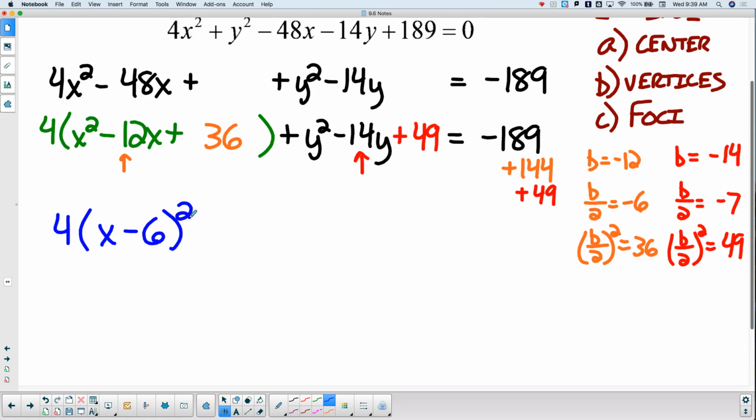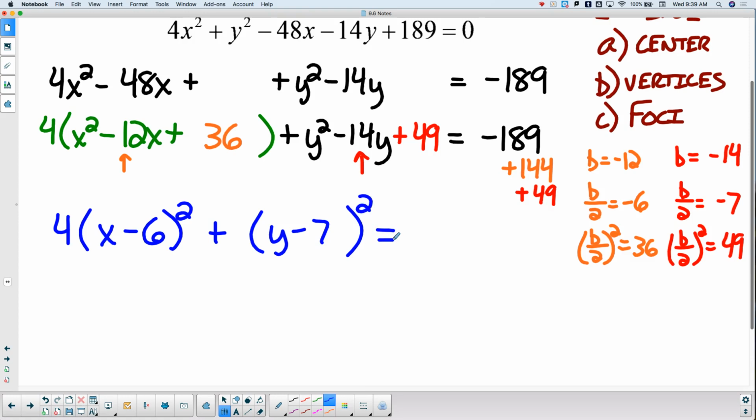What does the y's factor to be? Y squared minus 14y plus 49. What does that factor to be? Y what? Y minus 7 quantity squared.